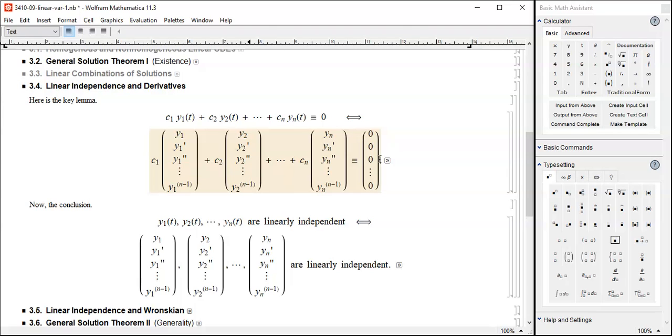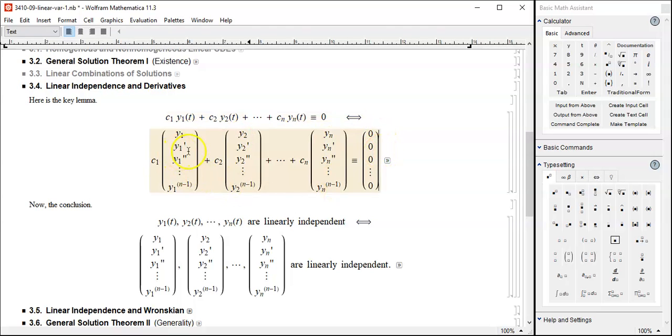Let's make one trivial observation here. If you concentrate on the first component, y1, y2, y3 all the way over to yn, that's exactly the same as the linear combination that appears here. So if this is true, then the first component should be true.